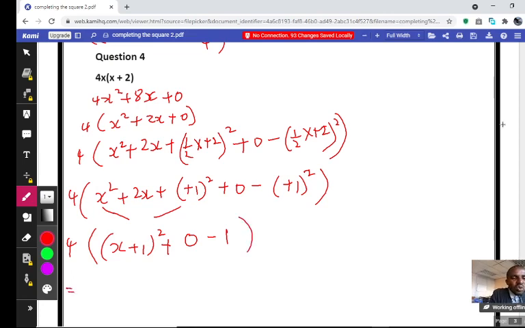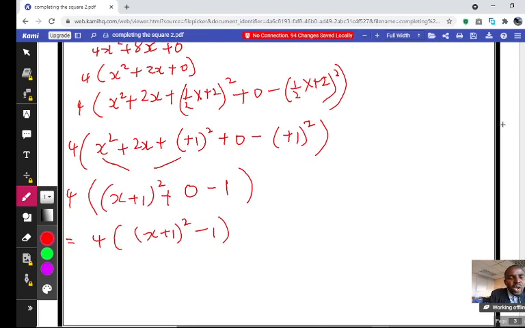It will be equal to 4, then big bracket, x plus 1 squared, 0 minus 1 is minus 1. Then you can remove the bracket by 4.